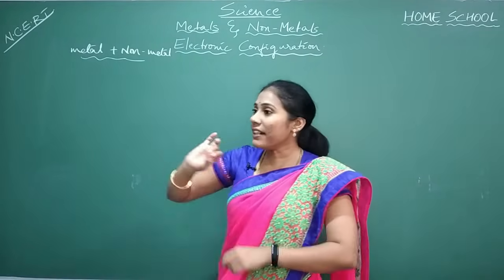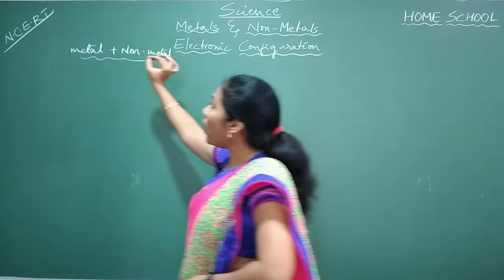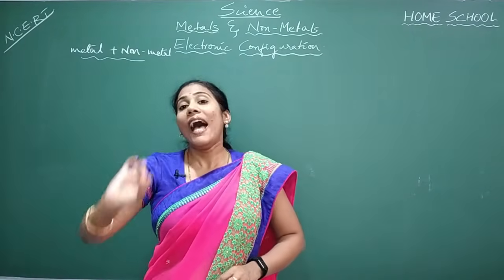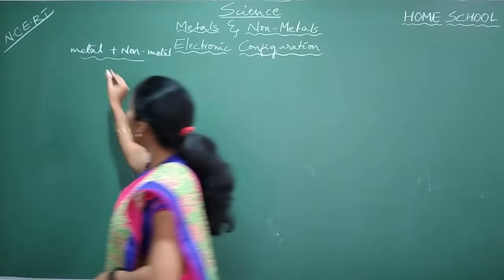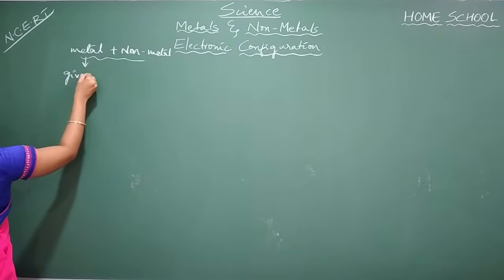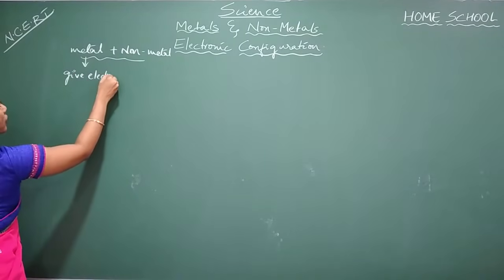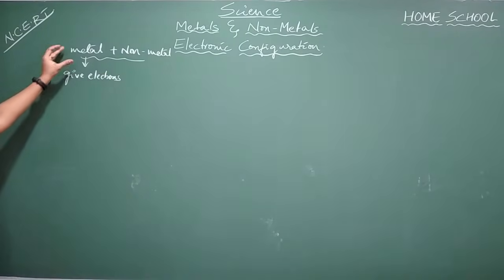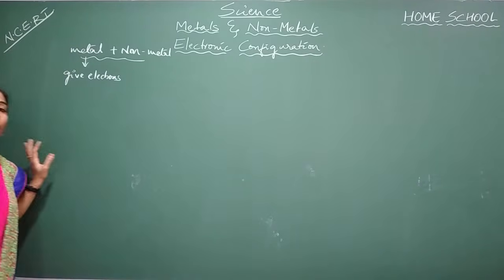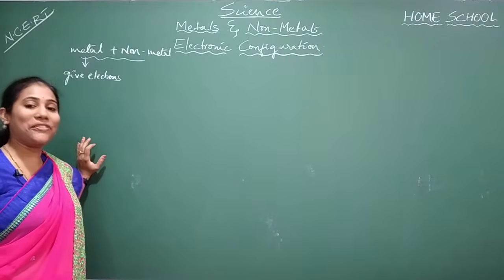Okay, so here actually the so-called metals, you know what are metals now? Okay, actually these metals are the guys which always give electrons during a chemical reaction. So these guys will always give electrons. They have a very broad heart of giving their electrons to others.